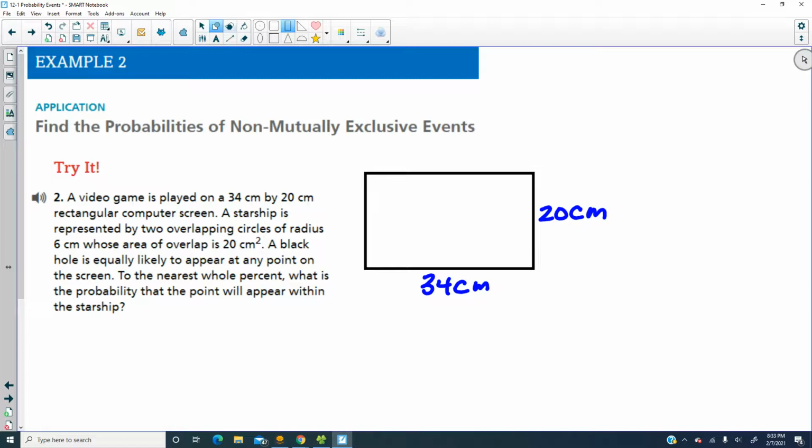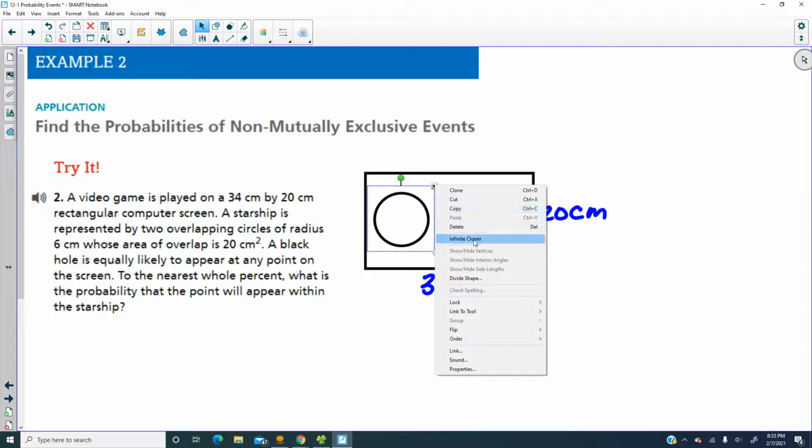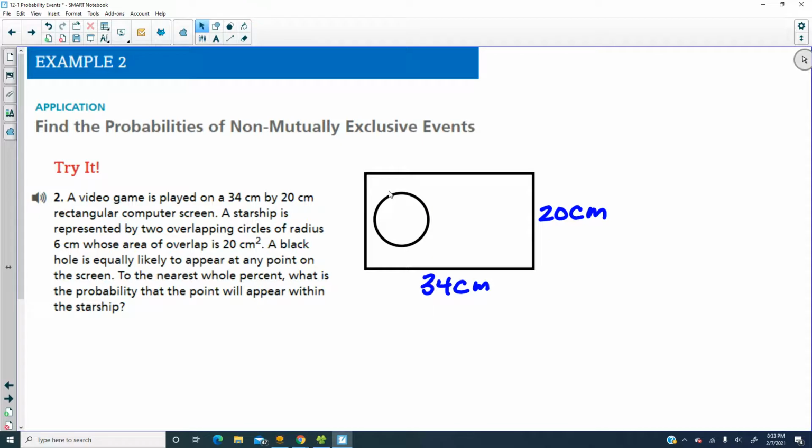So let me draw some circles here. It says they both have the same radius, so let me just duplicate this. There we go. And it says that their area of overlap is 20 square centimeters.